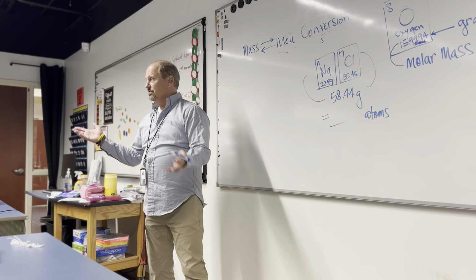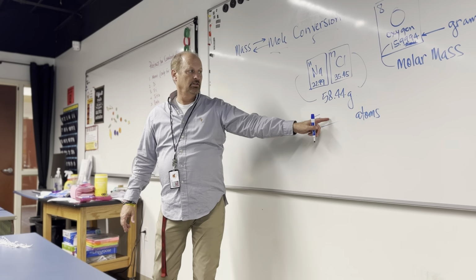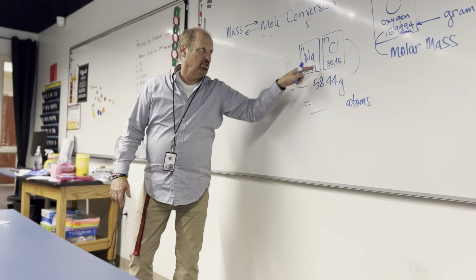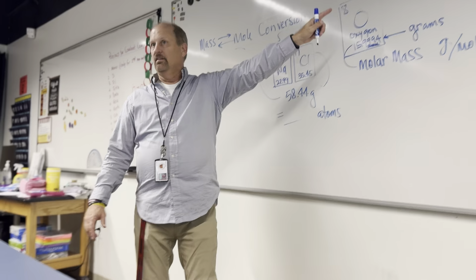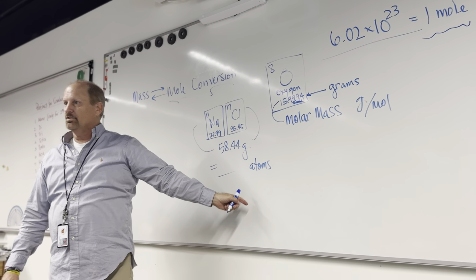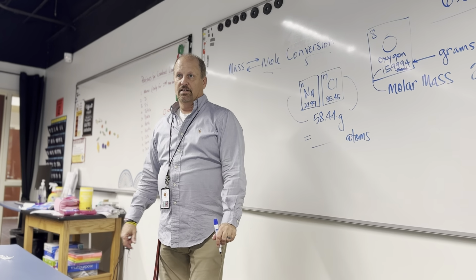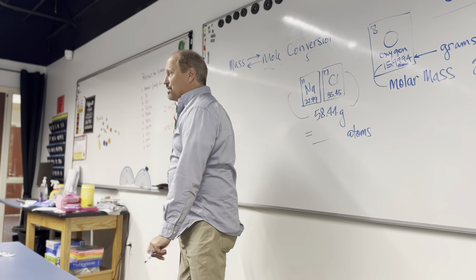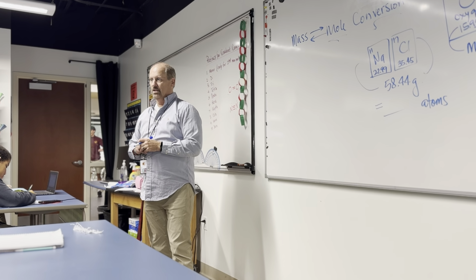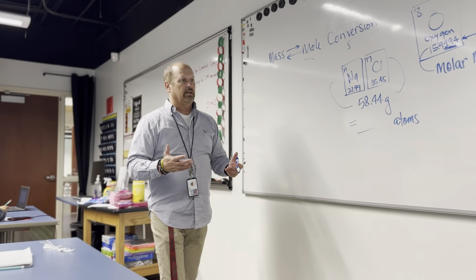Any ideas? Can you count atoms? So I have 58.44 grams of this, which is those two added together. That means I have 6.02 times 10 to the 23rd molecules. How awesome is that? Now I'm down to counting molecules, literally counting molecules by the mass of an object. So this is what we're doing.